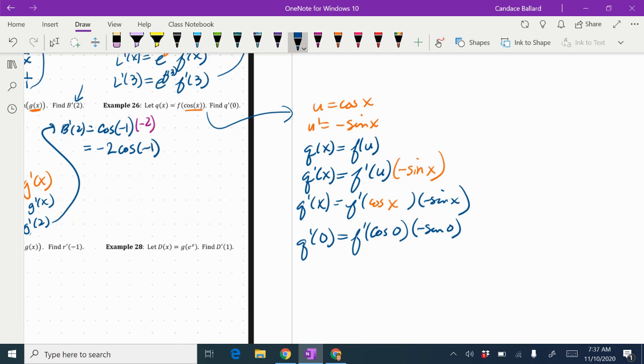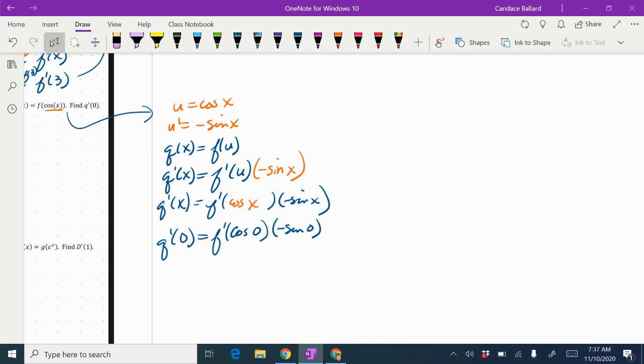In this case, we actually know what those values are, because I can use my unit circle. So at 0 radians, the cosine value is 1. So we get f prime of 1. And then this negative sine of 0 is just going to be 0. So it really doesn't matter what f prime of 1 is, it's actually times 0, so we know our final answer is going to be 0.